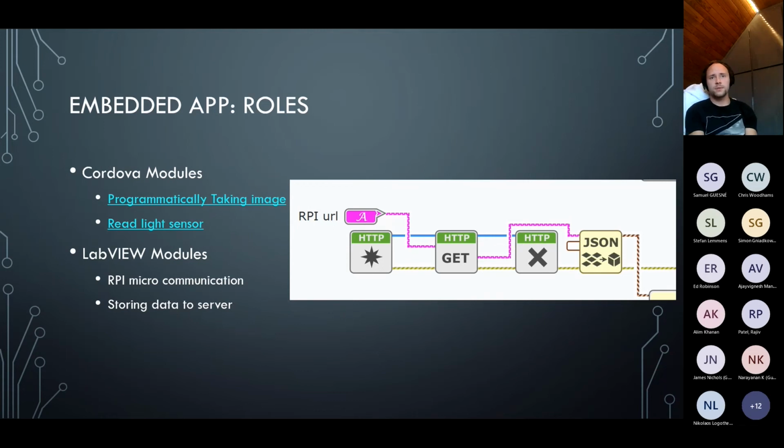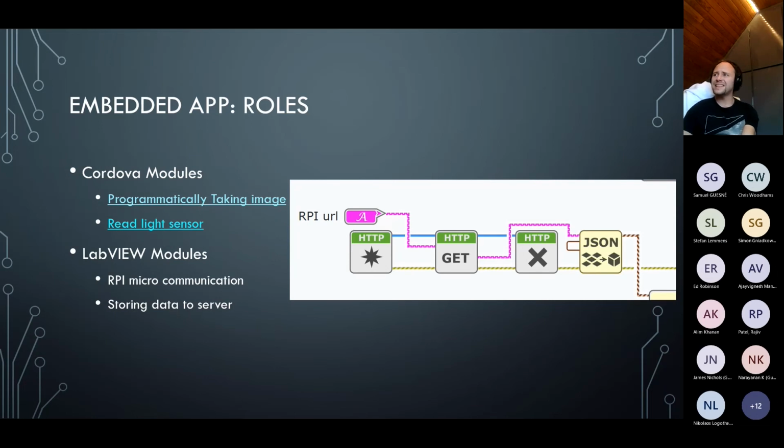Within my greenhouse monitor, like I've already shown, I'm taking images and I'm reading the light sensor within the app itself. So taking images, for those of you who have already played with it, is a little bit difficult within Cordova. So within Cordova, when you say, hey, I want to take an image, it actually gives you a pop-up. Again, this is shown in the Dotlight presentation.